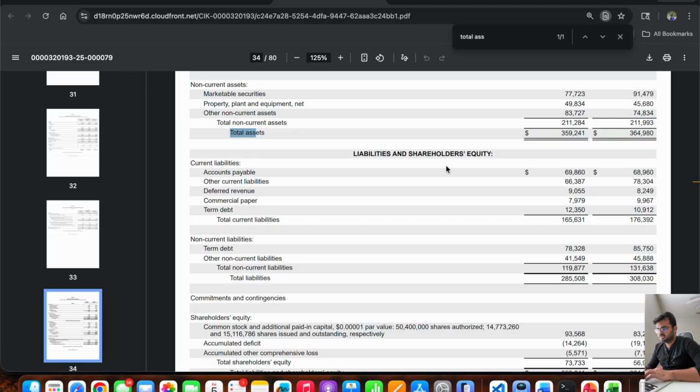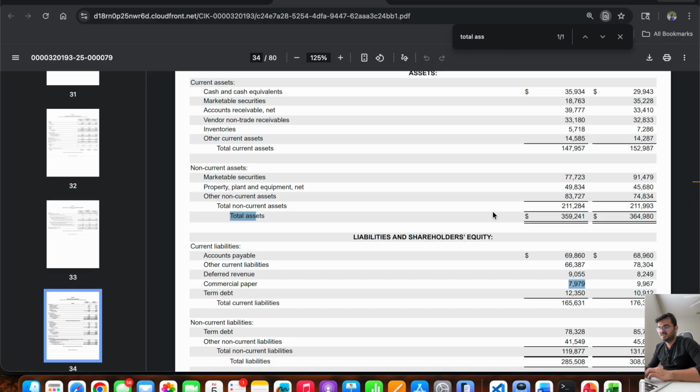For this, come to the liabilities. In the liabilities, Apple has mentioned long-term debt as 78.32 billion. Then in the current liabilities, their short-term debt is around 12.3 billion, plus their commercial paper is 7.9 billion. So let's add all these things to get the total debt.